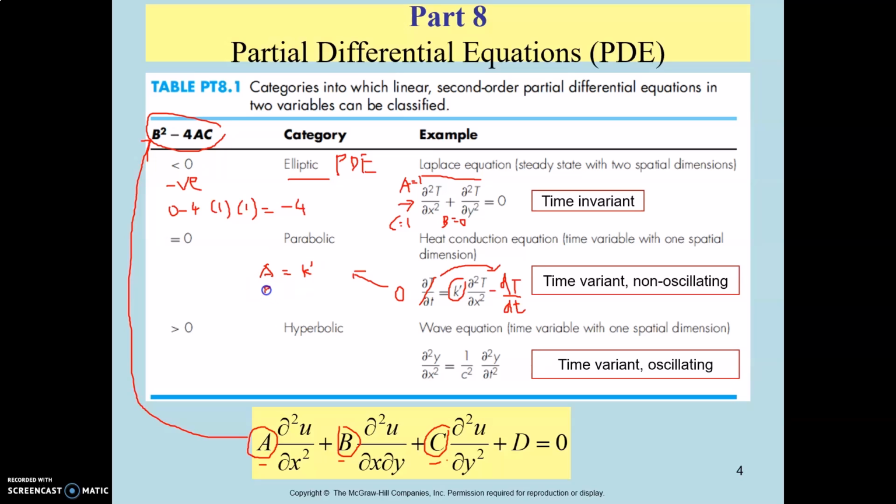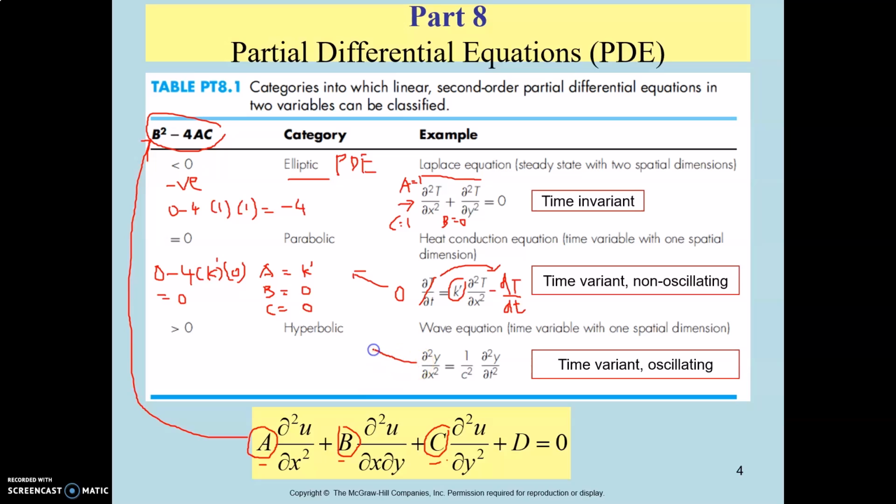How about your b? You don't have the term here, so b should be 0. And c is delta square u over delta y square. In this case, it should be delta square u over delta t square, but we don't have the term, so your c should be 0. Once we substitute, the answer is 0.